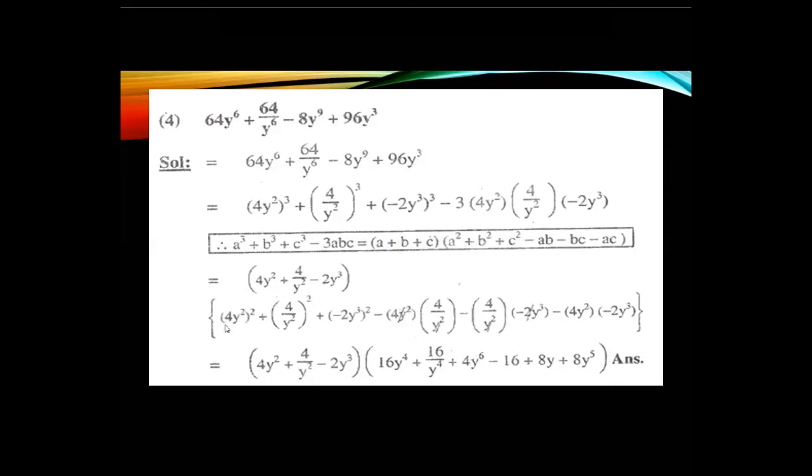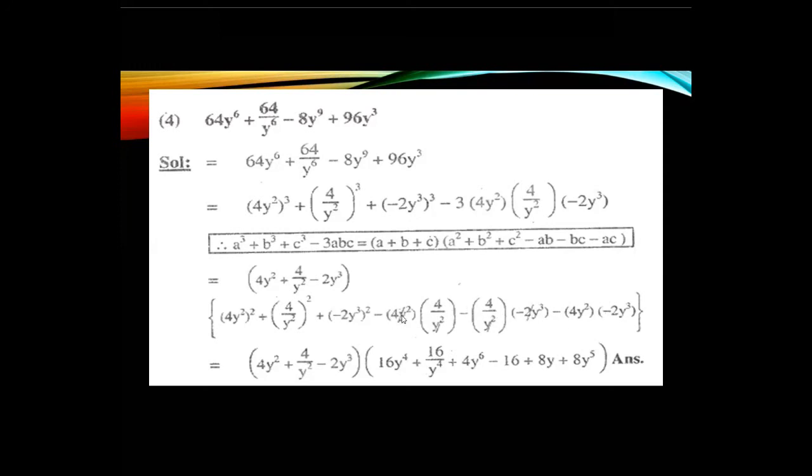Now the second bracket, a square plus b square plus c square. Now a square means 4y square, plus b square means 4 upon y square, and c square means minus 2y cube. And then next is minus ab minus bc minus ca.